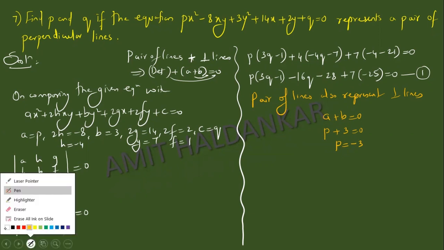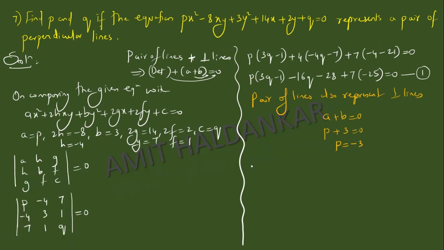So when I substitute this value in equation number 1, I'll get minus 3 into 3q minus 1 minus 16q minus 28 minus 175 is equal to 0.